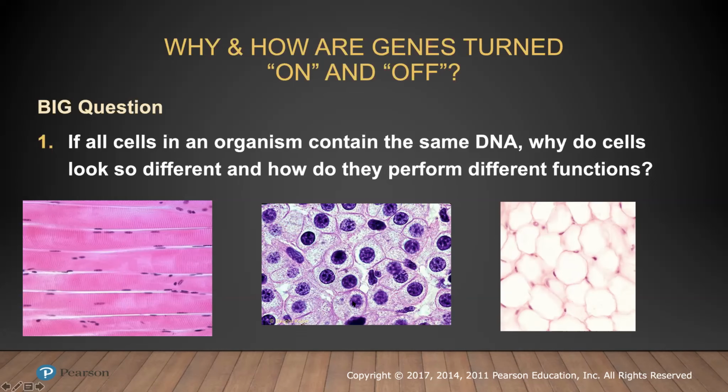The reason I picked these is mainly to show differences in nuclei. Each one of these strips in the skeletal muscle represents a single cell. A skeletal muscle cell can be about 12 inches long, which is enormous for a cell. And these purple dots within the middle represent the nuclei.